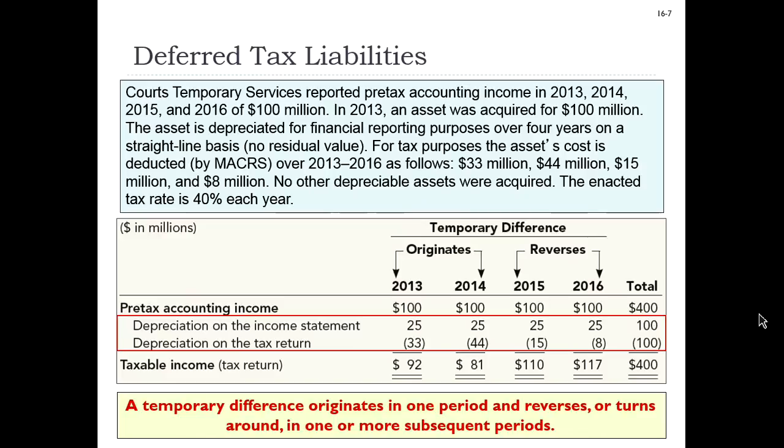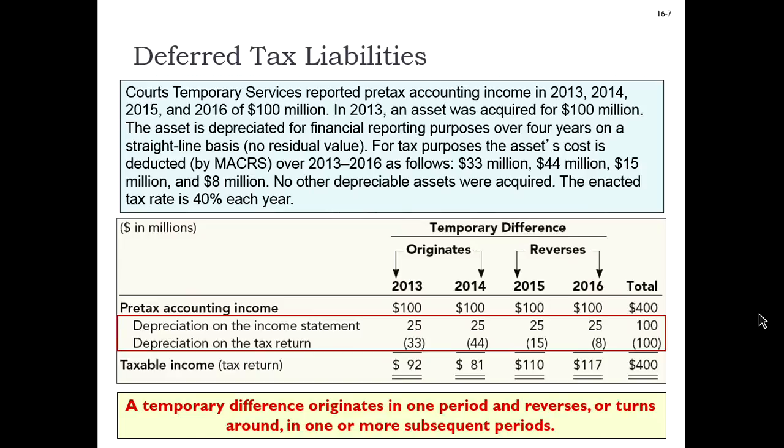The Court's Temporary Services reported pre-tax accounting income in 2013, 2014, 2015, and 2016 of $100 million. In 2013, an asset was acquired for $100 million. The asset is depreciated for financial reporting purposes over 4 years on a straight line basis and has no residual value.